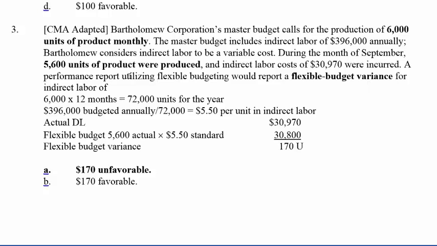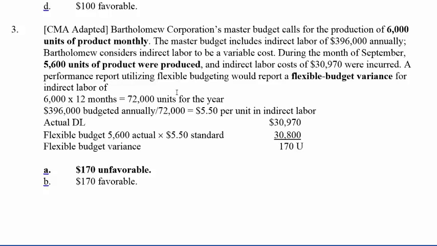During the month of September, only 5,600 units of product were produced, and the actual indirect labor cost incurred was $30,970. So this is the actual incurred. A performance report utilizing flexible budgeting would report a flexible budget variance for indirect labor of what?